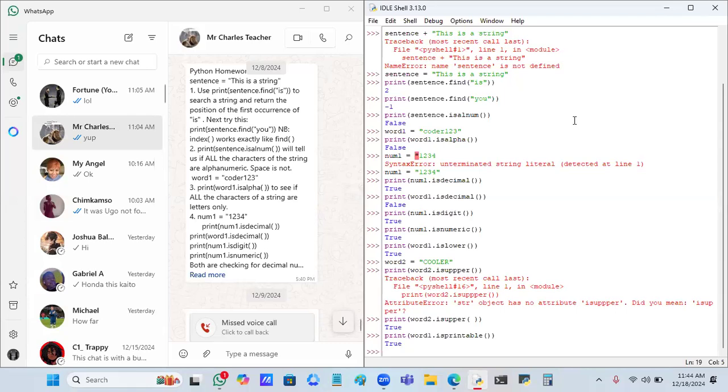Should I write that? Yes. It returns true if all the characters in the string are decimals. You know what decimals are, right? Not decimal point. Decimal means base 10. That's numbers from 0 to 9.